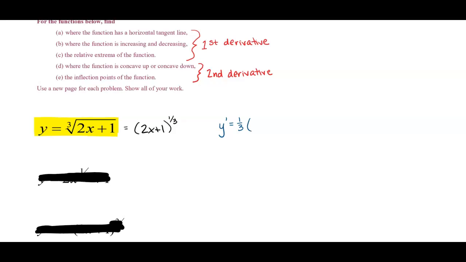So I'm just going to bring the 1/3 down, keep the inside the same, subtract 1 from that exponent, and then multiply by the derivative of the inside. And then if I simplify that, this is going to be a 2 on the top and a 3, and then all this parentheses on the bottom. So the 2/3 power there on the bottom. So there's my first derivative.